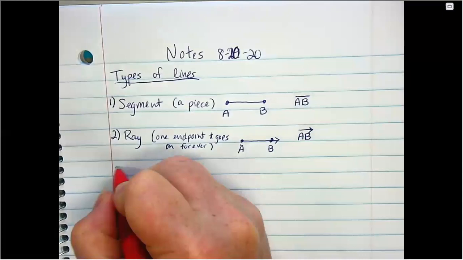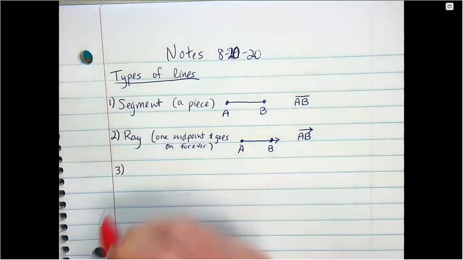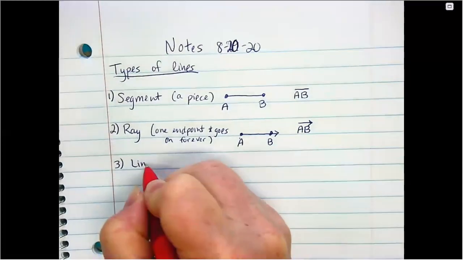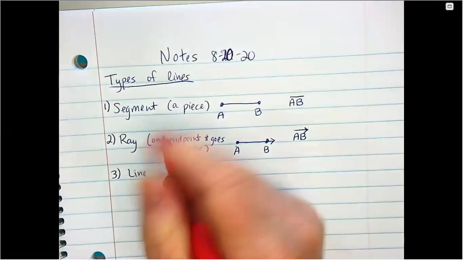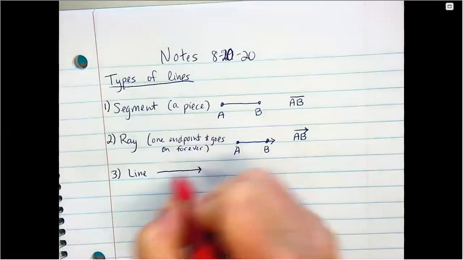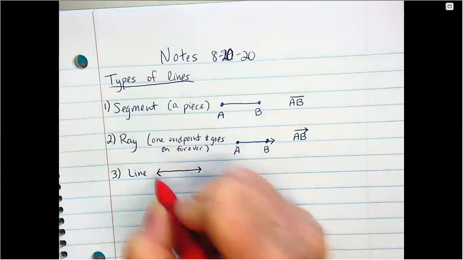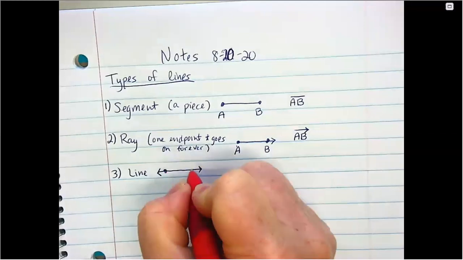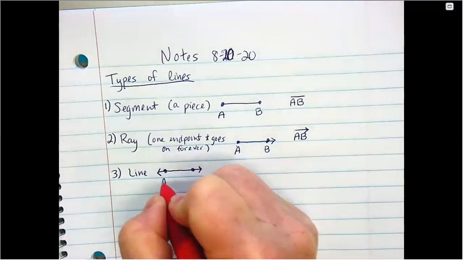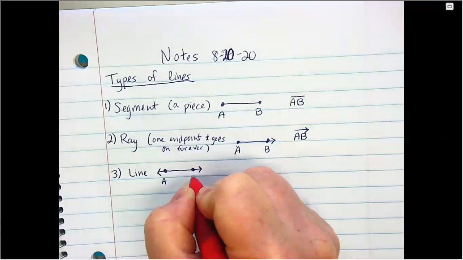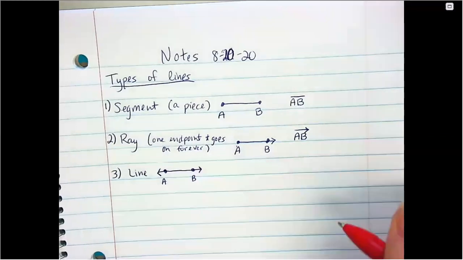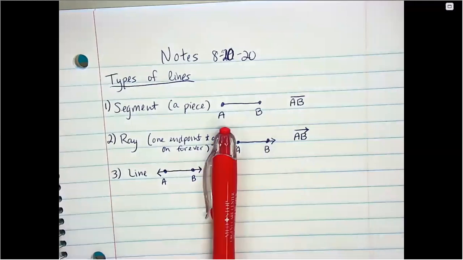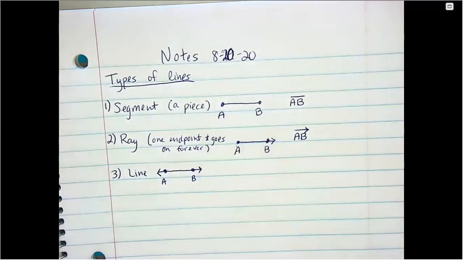The third type of line is the actual line itself. If you remember graphing from algebra, it wasn't just the 3 points that we graphed, it was the line that went on forever. So a line is determined by 2 points. You can have more, if you remember that there are an infinite number of points on your line.